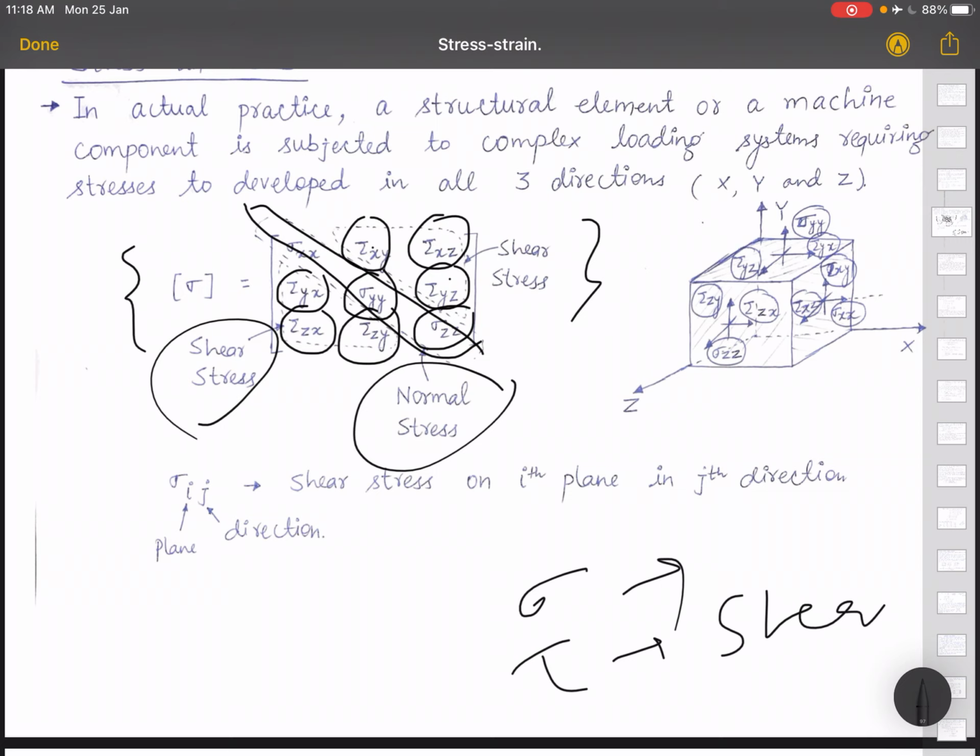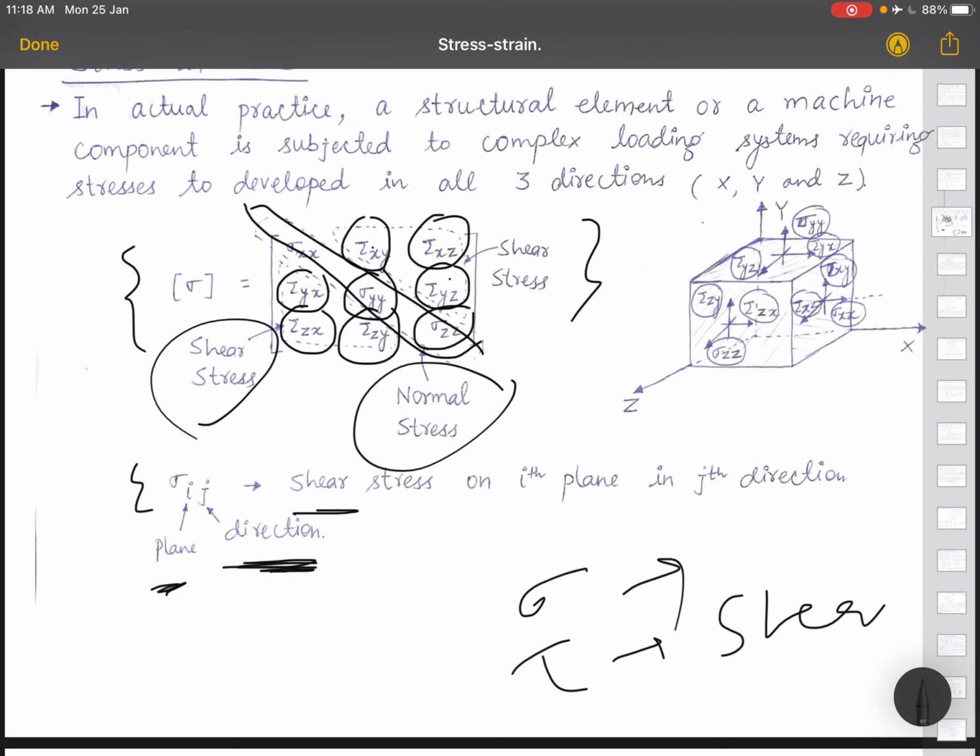Okay, so let us see how it is actually acting on a real body. Before that, let me tell you the convention. What is this xx or xz or xy? If any stress is written like tau ij, then i represents the plane, identified by the direction perpendicular to that plane, and j represents the direction of the stress.